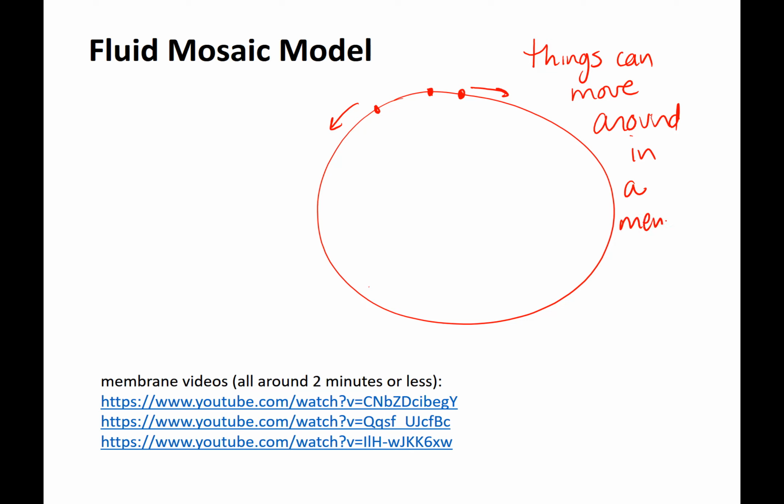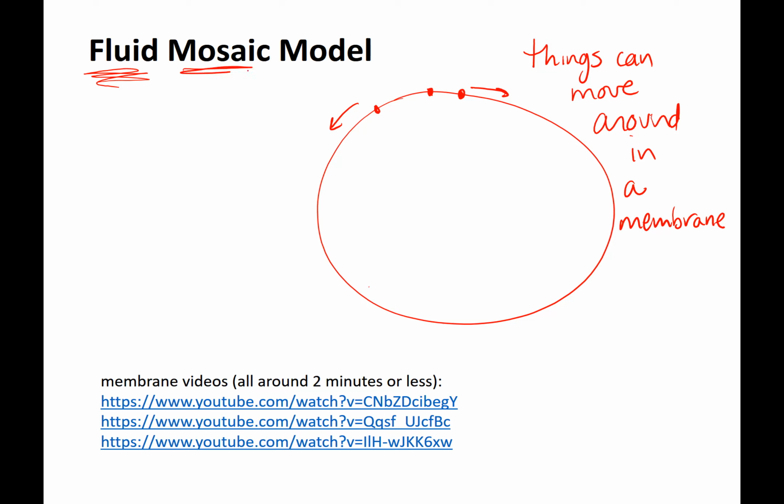This is what I was talking about at the very beginning of this little video. The membrane is fluid enough that things can move around. And think of this as this big 3D sphere that proteins can move from any side of the cell to another side to interact with the environment because the membrane has fluidity.